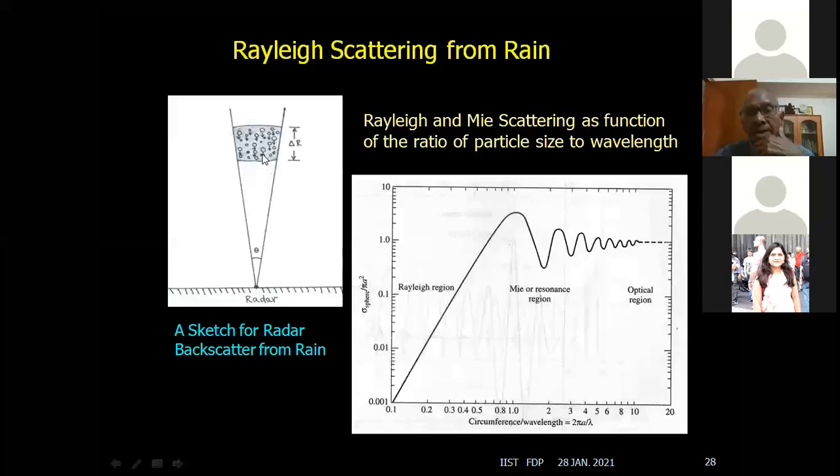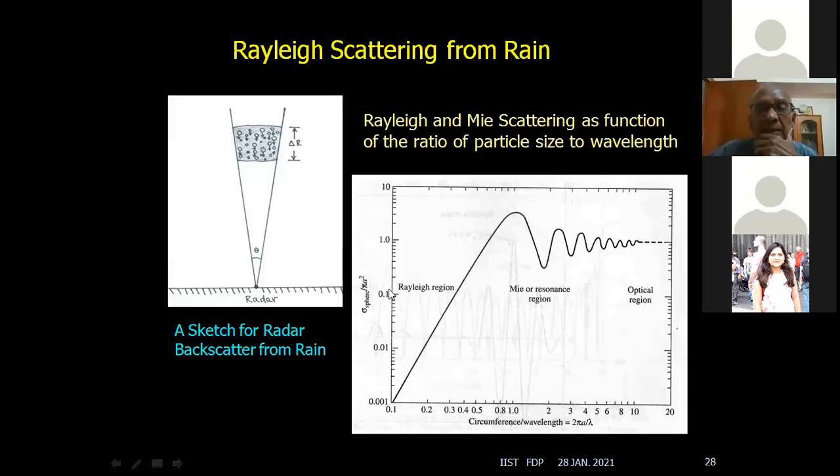And this tells the Rayleigh backscatter from the drop sizes, and this gives the drop size dependence. The scattering cross section varies with the wavelength of the radar, how it is related to the diameter of the particle.